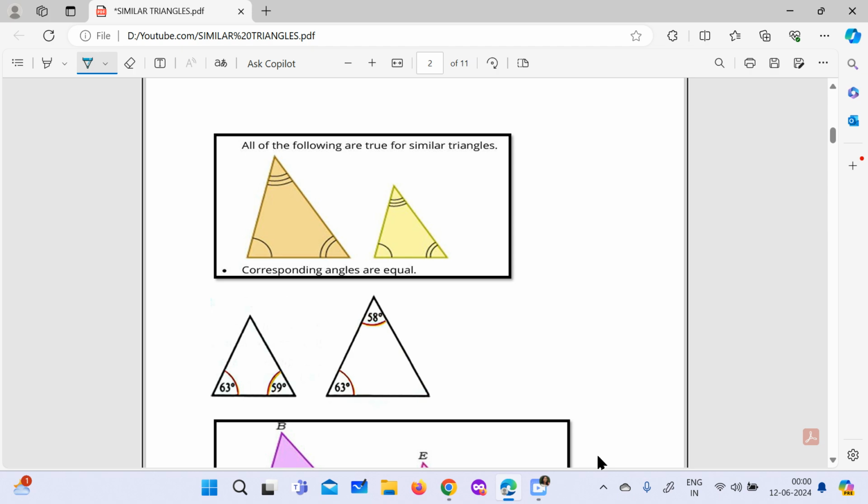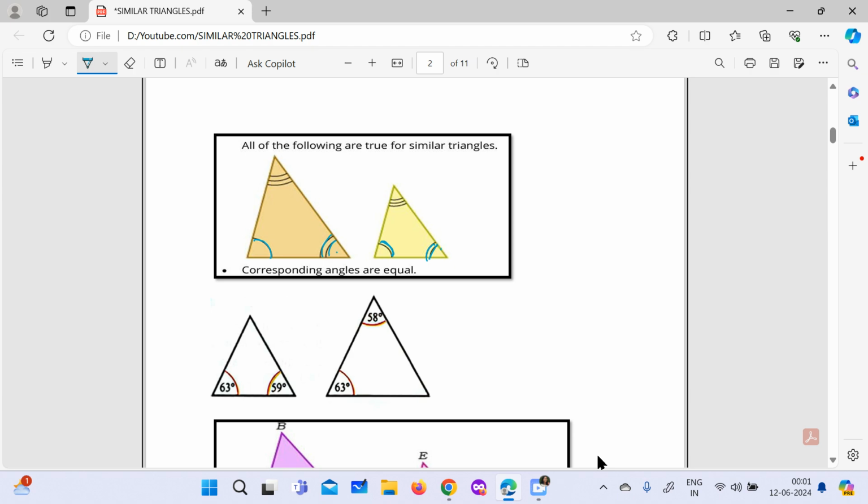If you look at this triangle and then this triangle, you can see this angle is equal to this angle. One line is there. And then here you can identify this angle is equal to this angle. So why are they marked like this?